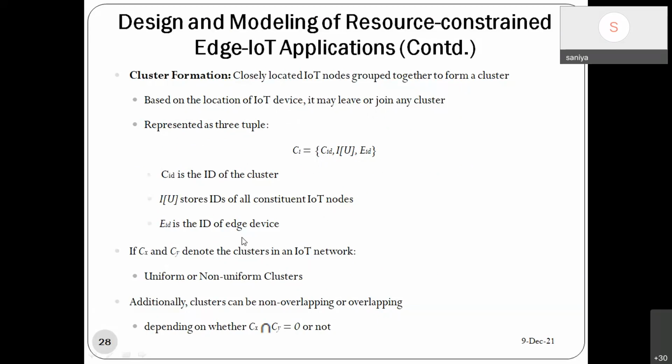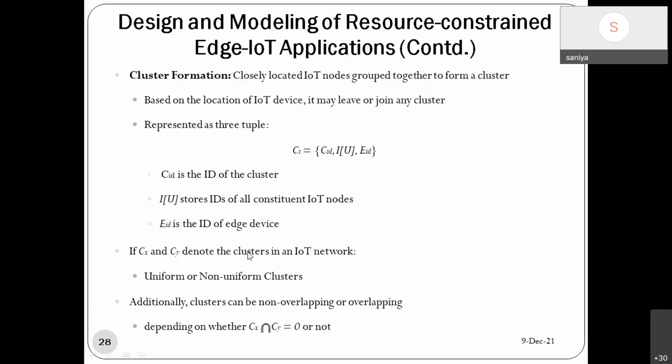Whenever you form the cluster, you need to see what the neighboring nodes are and how we can form the cluster. There are certain algorithms that randomly choose the cluster head, and accordingly the neighboring nodes can become participants of that cluster. Now there are two scenarios.